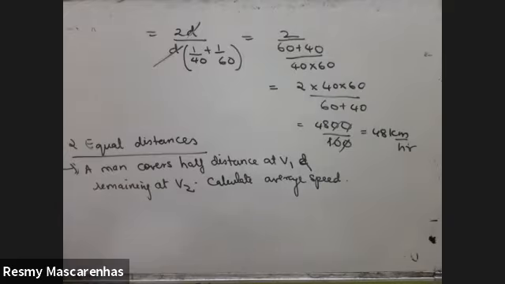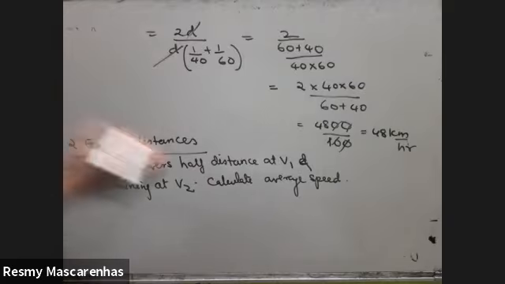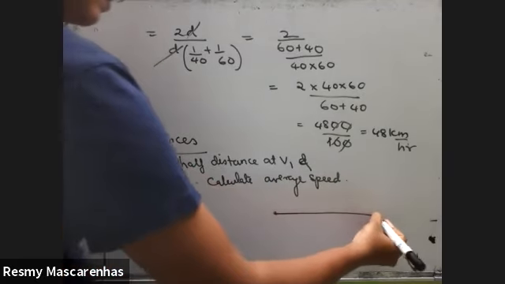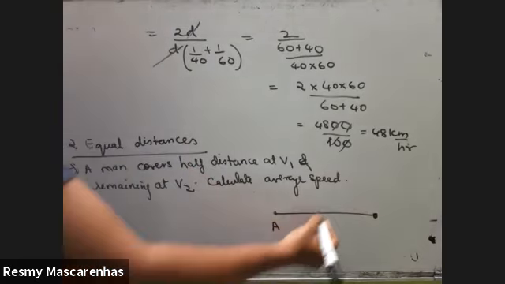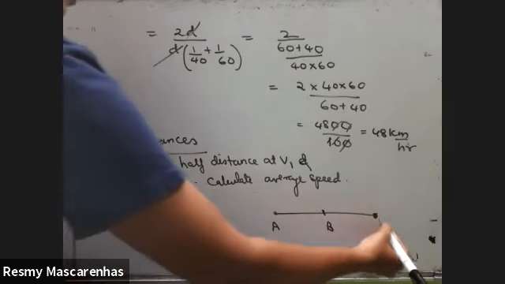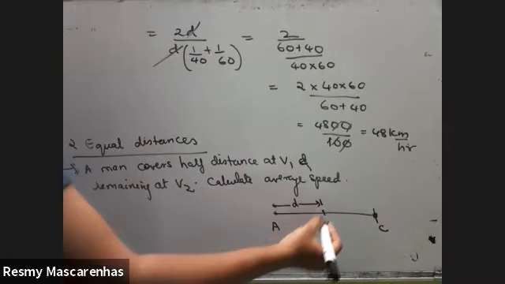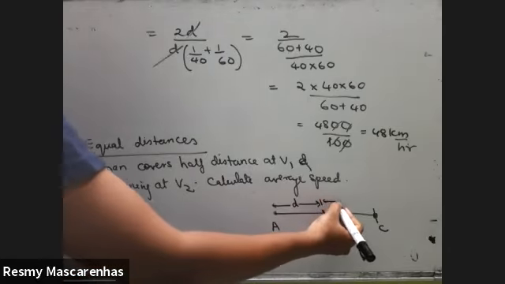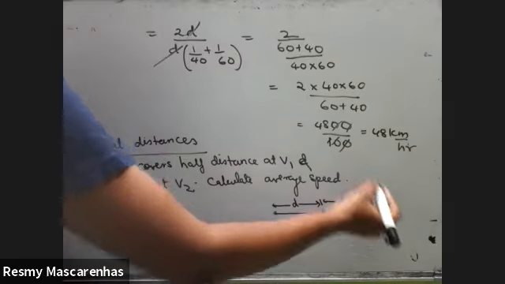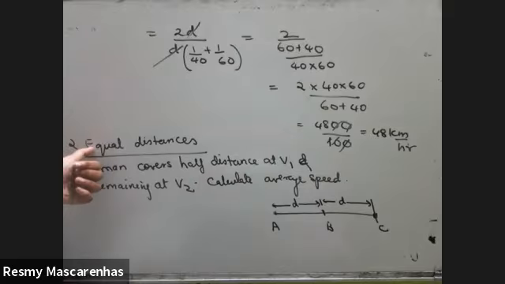So while drawing the diagram, I will draw, this is A, this is B, this fellow will be C then. Half distance means, suppose you are taking from here to here d, then from here to here also will be d. It's equal distance.